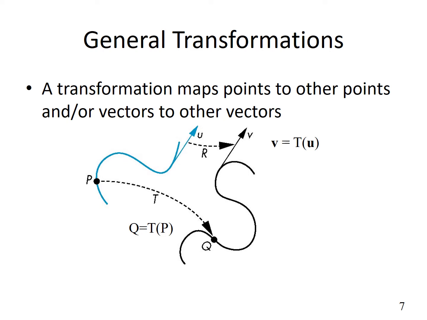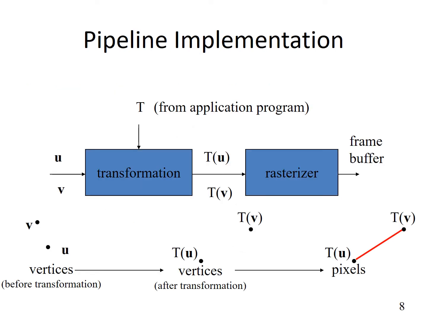So if we start with 5 points, we transform them, we end up with exactly 5 points, and the same goes for vectors. This slide shows a pipeline implementation of the transformation that we just studied. So we start with vertices. Vertices are transformed with the matrix T, and this gives us another set of vertices.